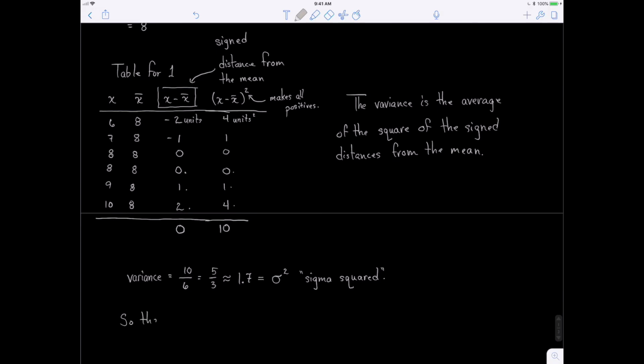So that the units are correct, take the square root of the variance.